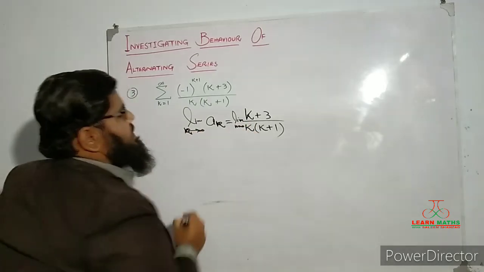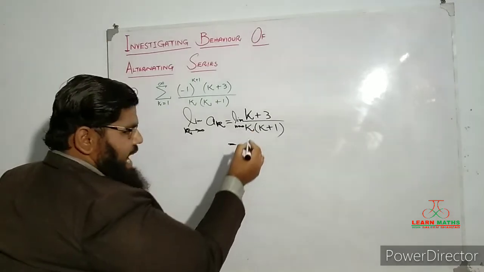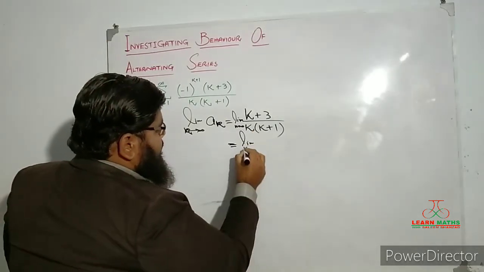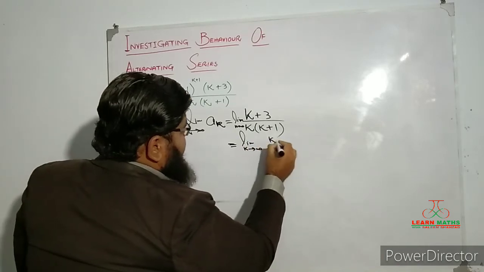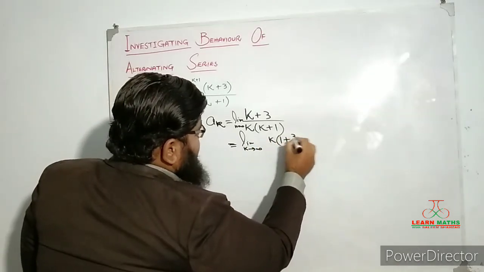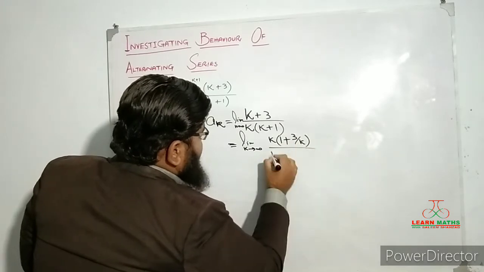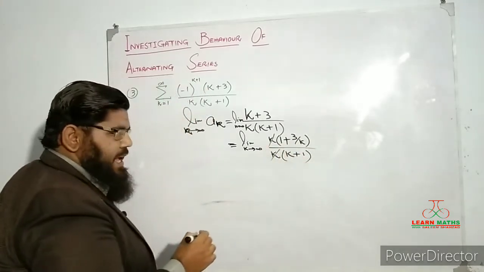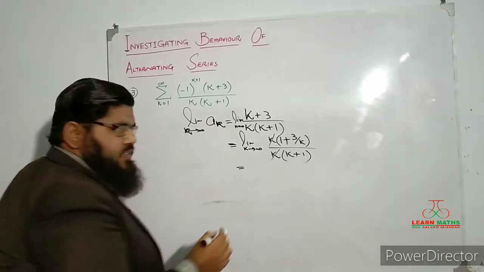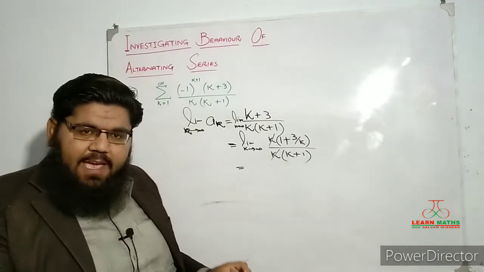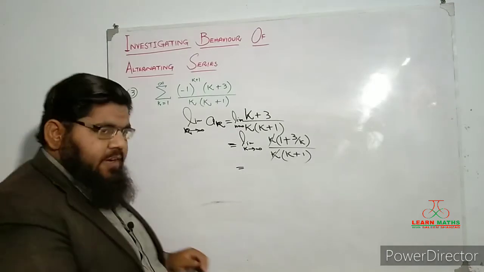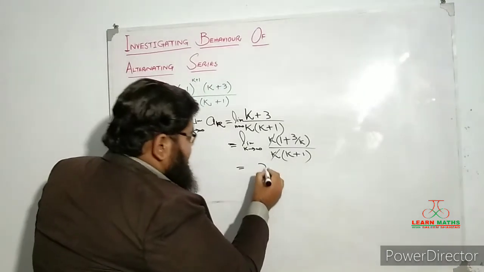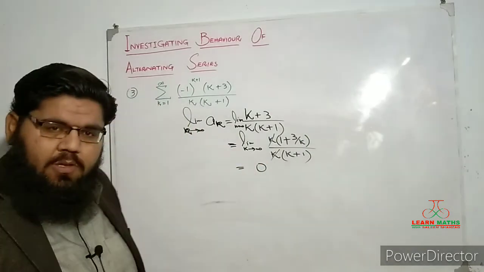Taking k as common from the numerator, we have 1 plus 3 over k, and then k(k+1). k will cancel with k in the numerator, and then you simply put the value of k as infinity, and after simplifying you can reach 0.